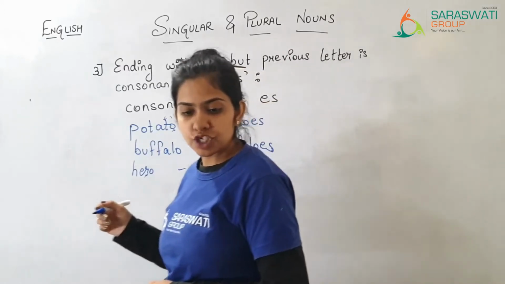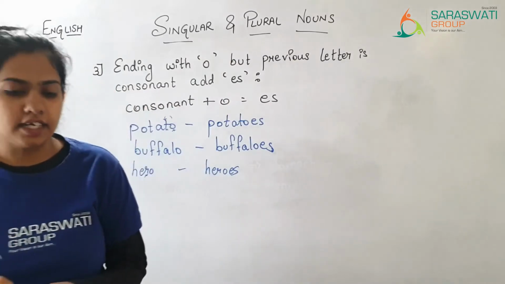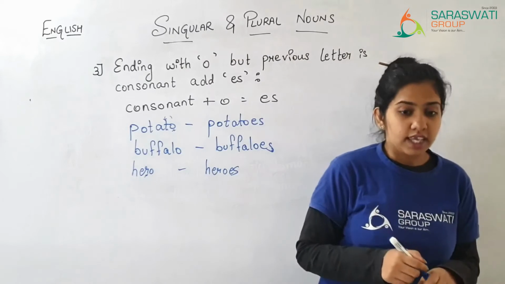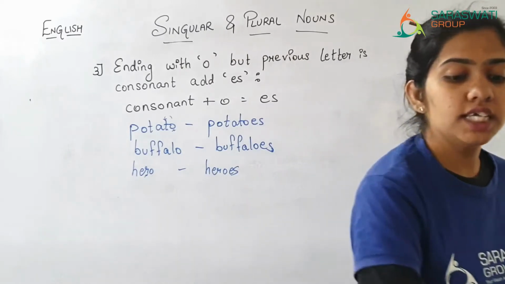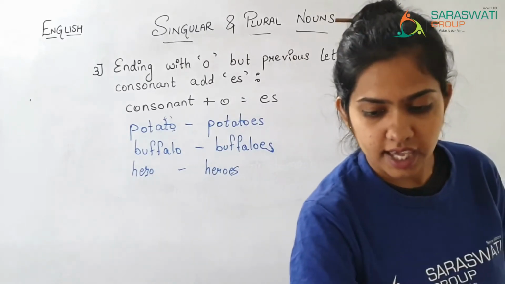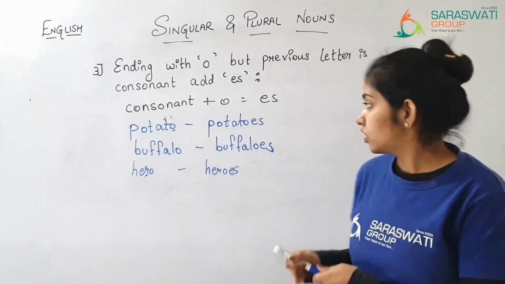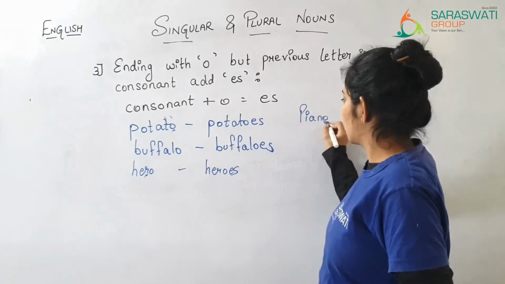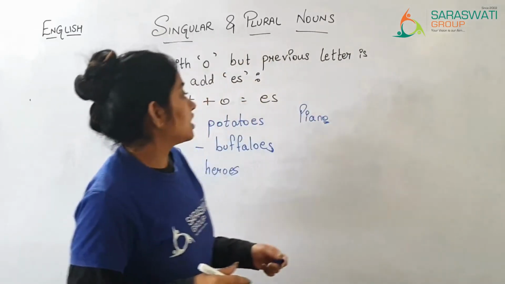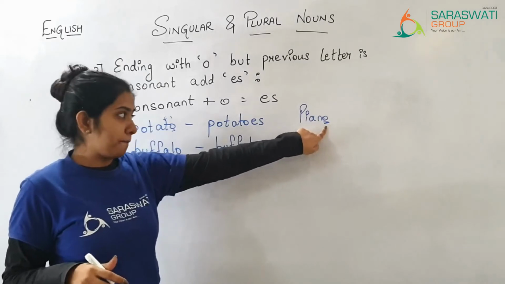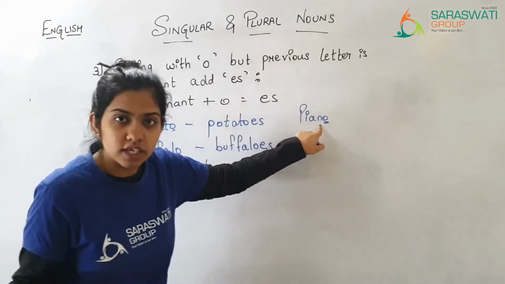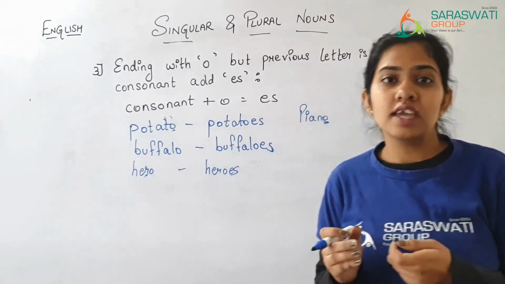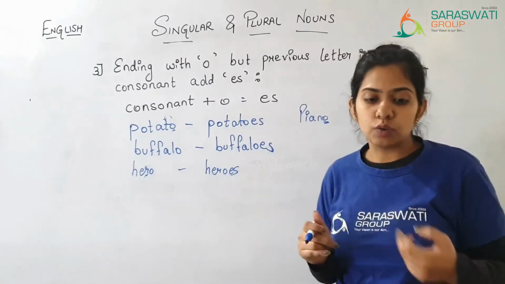And exceptions at end. There are some exceptions to this one. यहाँ पे इसके कई सारे exceptions भी है कि if the word is ending with o, piano. Now over here you can see piano is ending with o, but the previous letter is also consonant. But as I told you कि कई exceptions, कोई ऐसे words होते हैं कि जहाँ पे ये rule apply नहीं होता है.